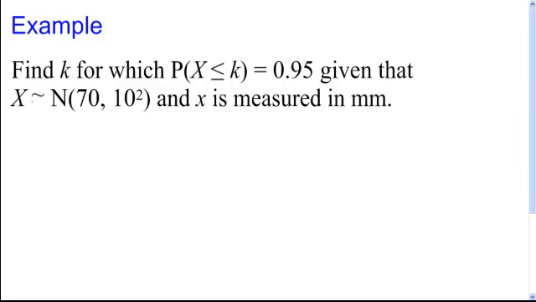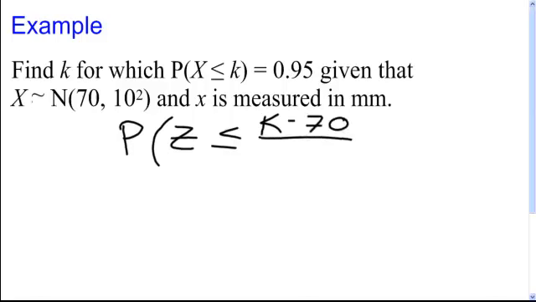So what I need to figure out is the probability for my z-score to be less than or equal to my value minus the mean, divided by the standard deviation, and that has to equal 0.95. So when I calculate this, I need to look at that 95%. So I have to convert that back into a physical value.